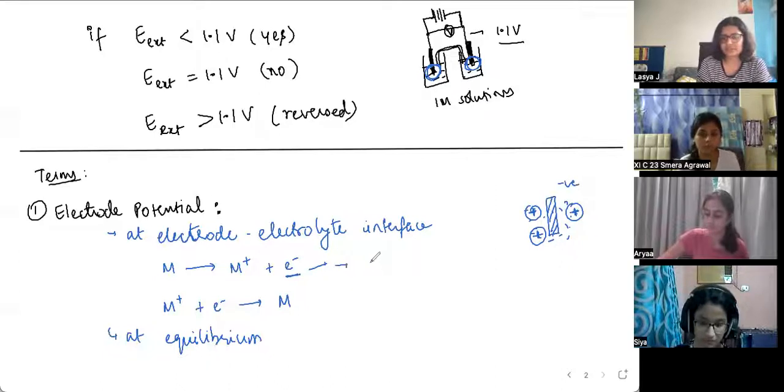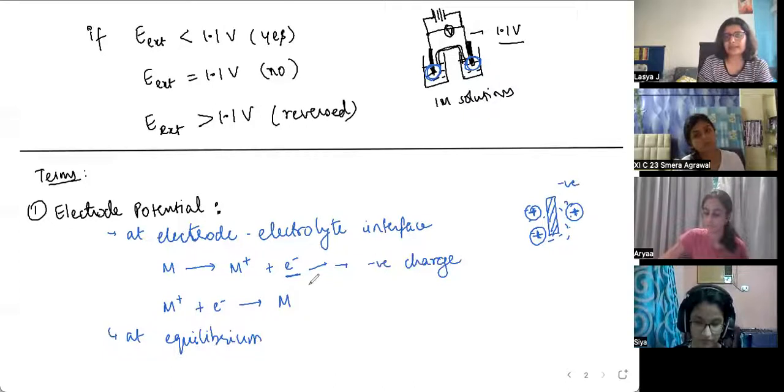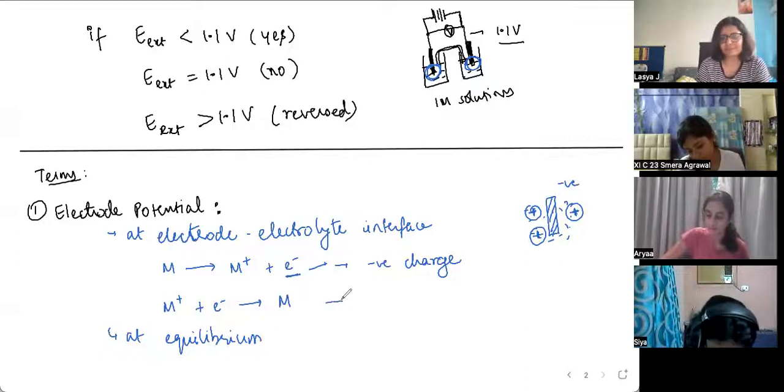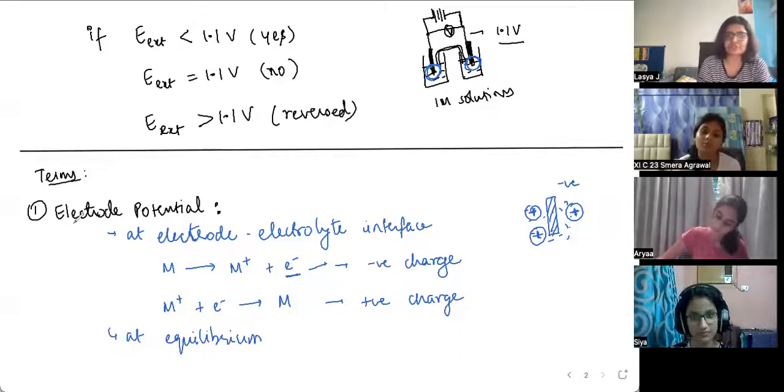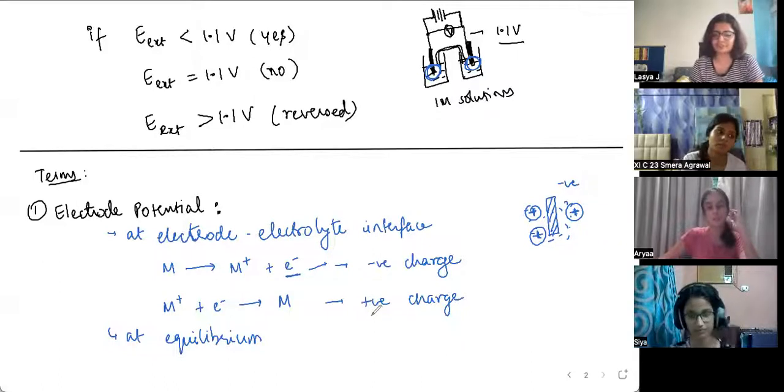So this is going to result in a negative charge on the electrode. And if the other process is happening, with metal ions getting deposited, you're going to have a positive charge on the electrode. So at equilibrium, whatever the resulting charge is, that's what is termed as the electrode potential.